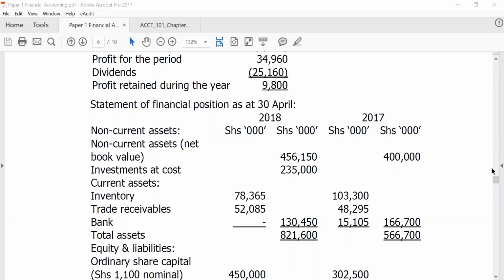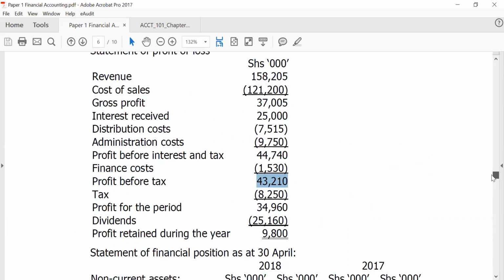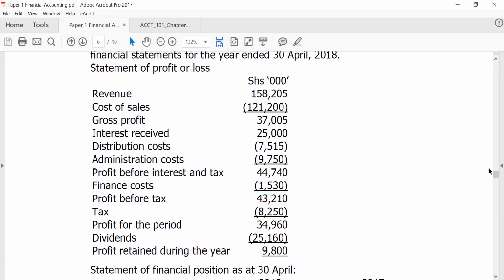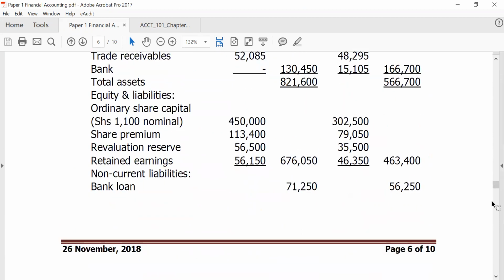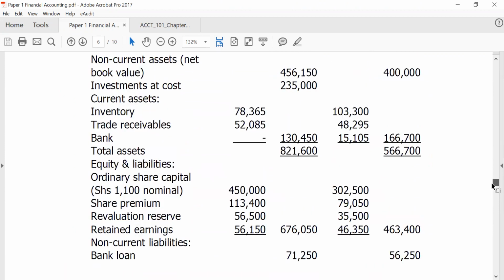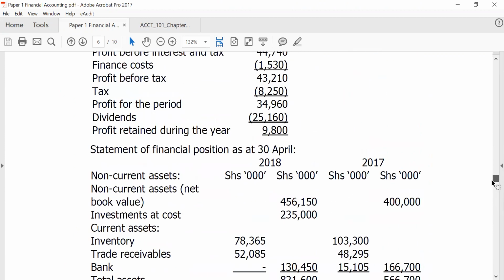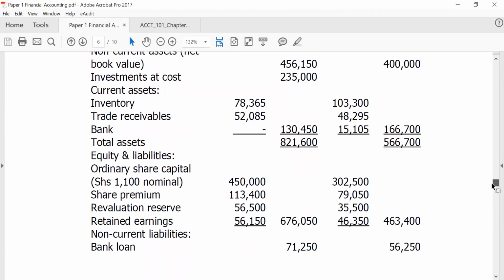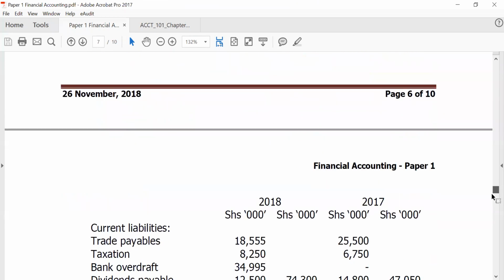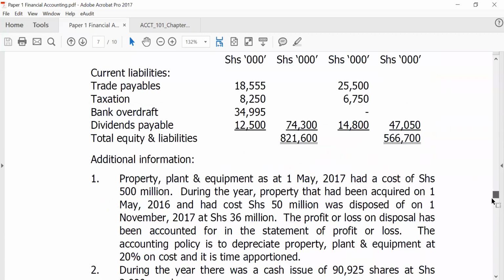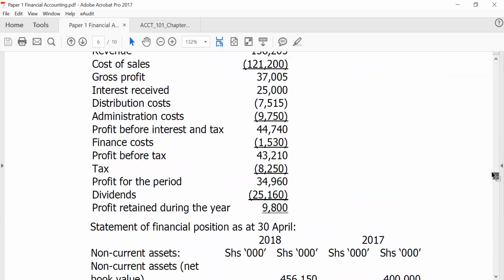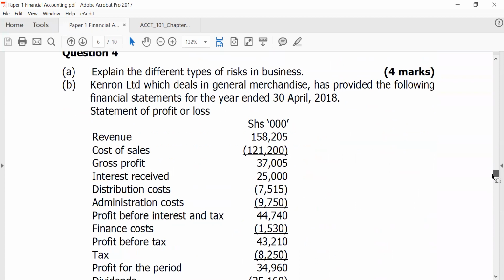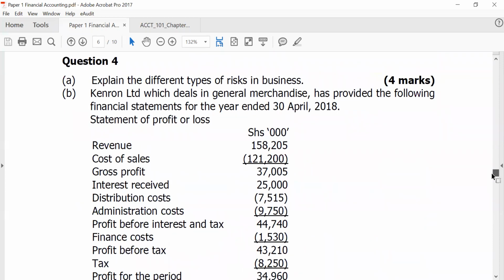So we use the two financial statements, this and this, to draw up the cash flow statement. That's why the cash flow statement is usually drawn up as the last financial statement. That is one of the things that we also need to take note of. So I'm going to go through the question, and then we're going to be able to conceptualize and see exactly what is ahead of us.